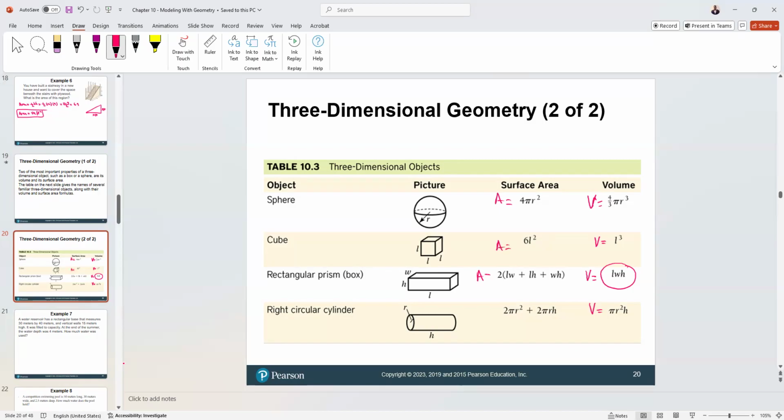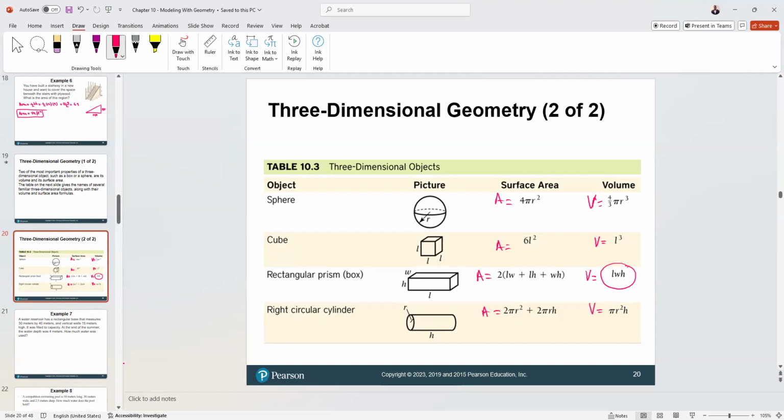The surface area for a box or a cube is the result of adding the areas of the 6 rectangular faces of the object.